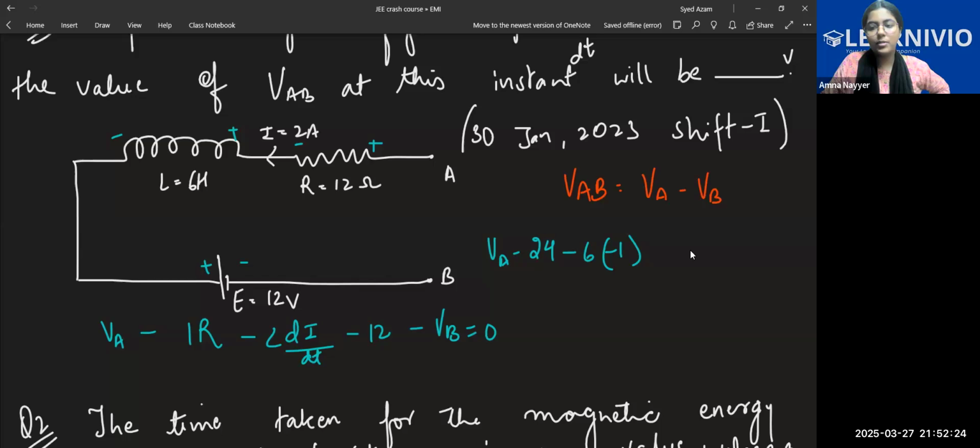And then minus 12 minus VB. So from here, VA minus VB is 24 plus 12 is 36, and here you have minus 6 into minus 6, that is plus 6. So 24 plus 6, 30. 30 volt is the answer. Got it?